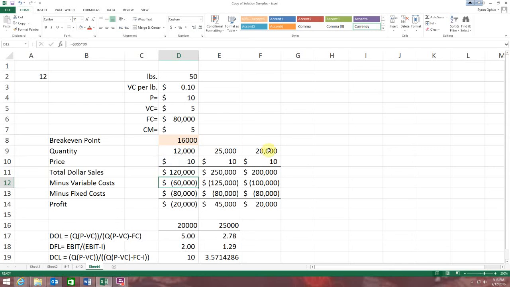And we're going to have to do the 20,000, so you could do all three for yours as well, I believe. That way you can just drag your formulas down. Okay, minus my variable costs. So my total variable costs are simply equal to a negative my variable cost per unit times the number of units that I'm selling, and in this case it's 12,000.